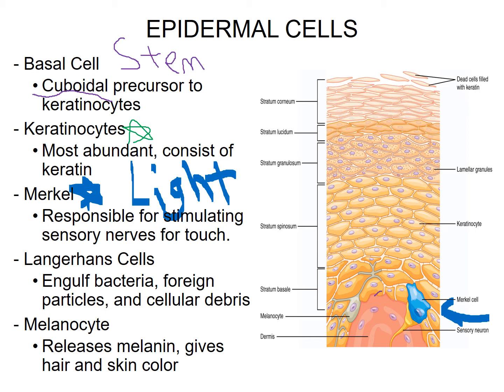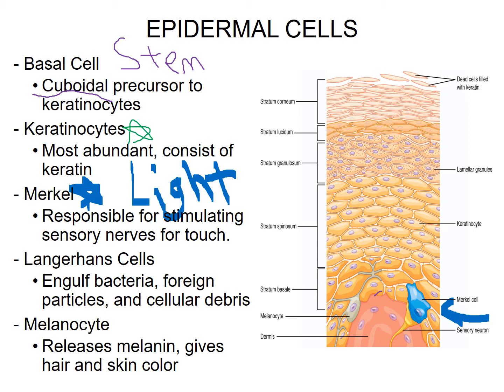Next, we have the Langerhans cells. The Langerhans cells are the only cells that you can't see in this image on the right, but I have a really cool picture coming up for you, and I'll show you what they look like and what they do. Basically, these are the defenders of your epidermis. They're not lysosomes, but they work like lysosomes. They're just big macrophages. They kill things.